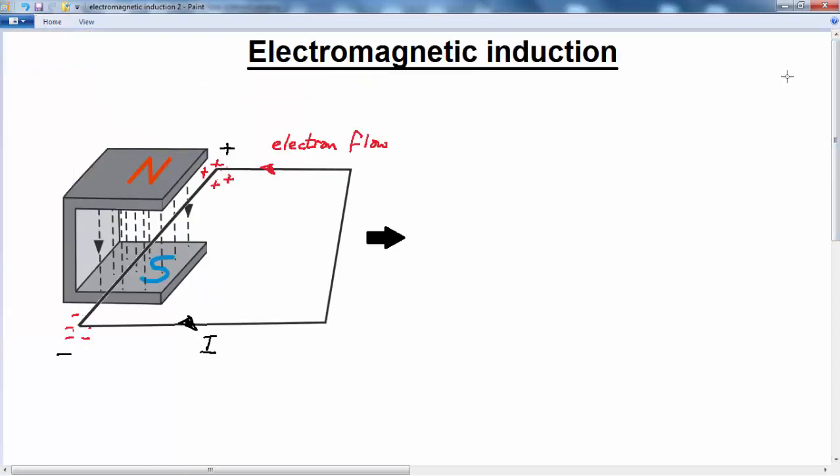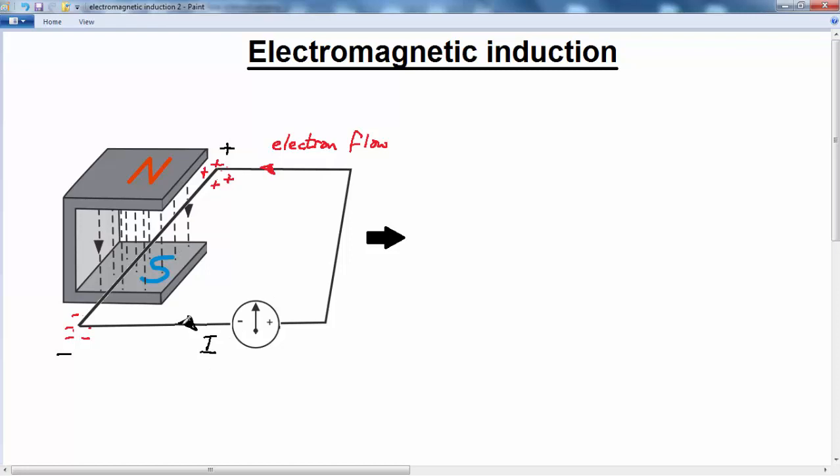If we were to insert an ammeter into the loop, like that, then we would see the needle of the ammeter flick backwards and forwards as we move this loop into and out of the magnetic field. So we get what we call an alternating current in this loop. The current would be continually changing as we move the loop in and out of the magnetic field.